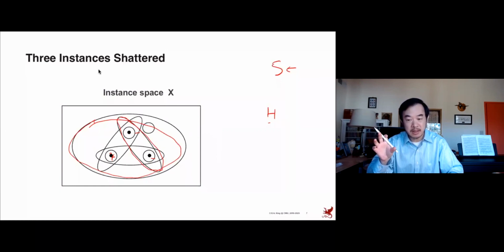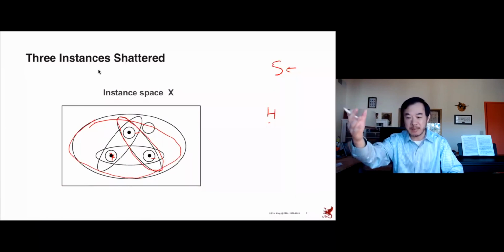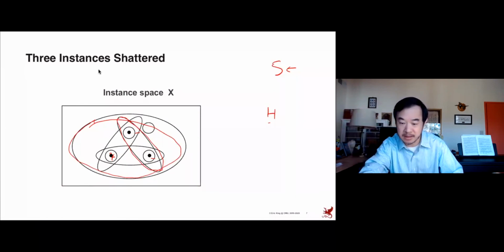I'm talking about the worst case scenario, or the best case scenario, that your data points are positioned in some way. Maybe you give me 3, I position your 3 data points, and you label them arbitrarily, and then I shatter it, something like that. Daniel is answering the question.